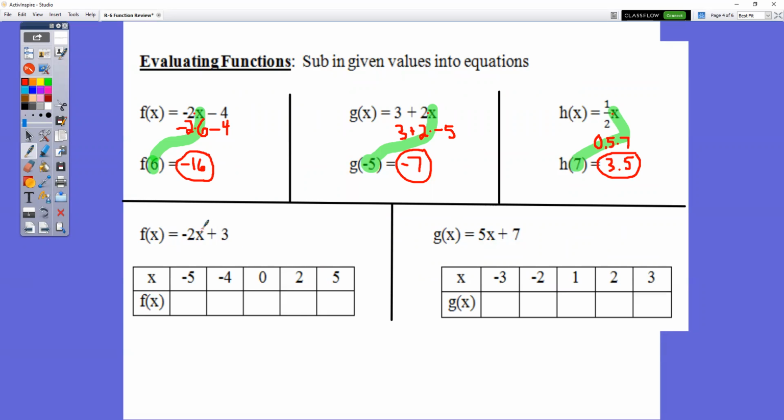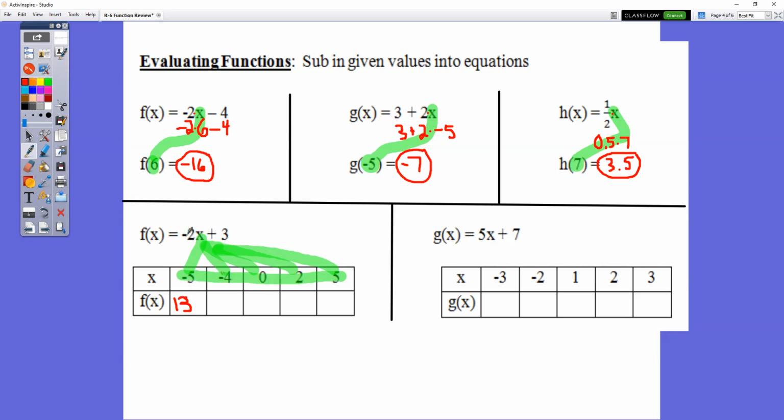In this type of question, we're not just subbing in one number for X, we're taking all of these numbers and subbing them in for X. So we have -2 times -5, which is +10, plus 3 is +13.